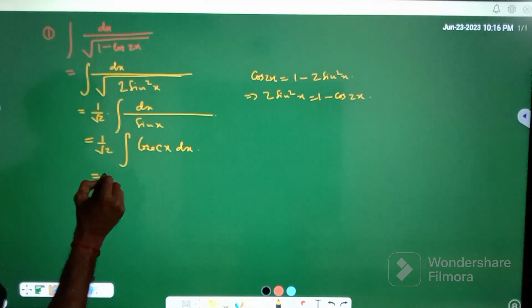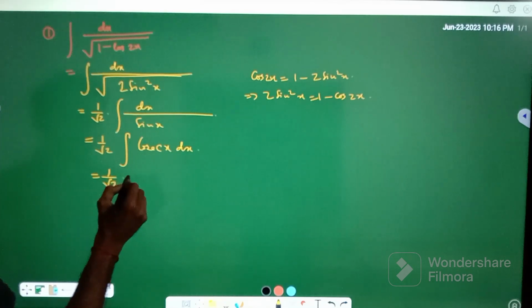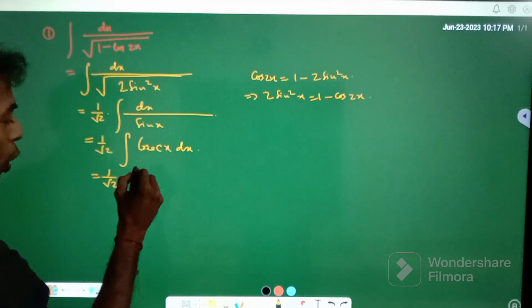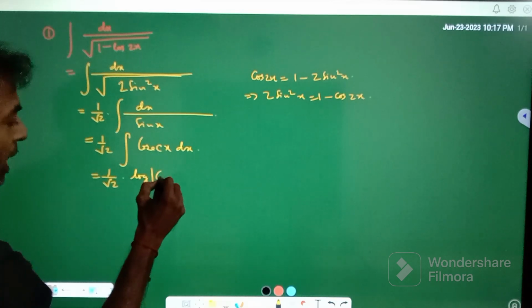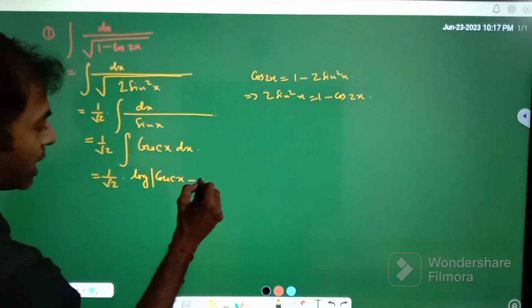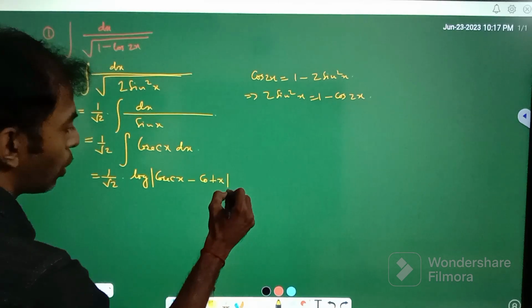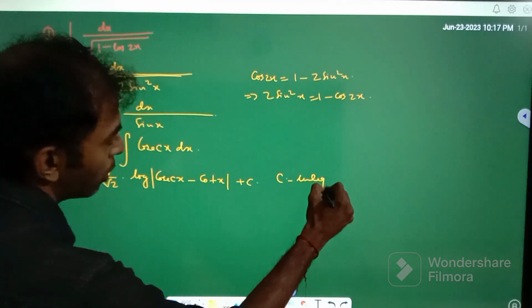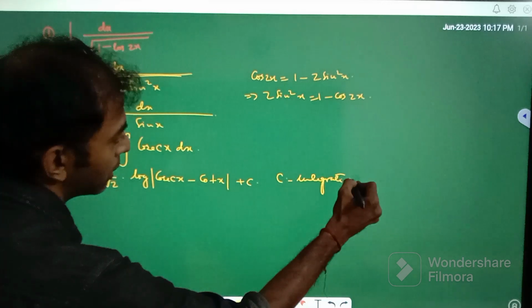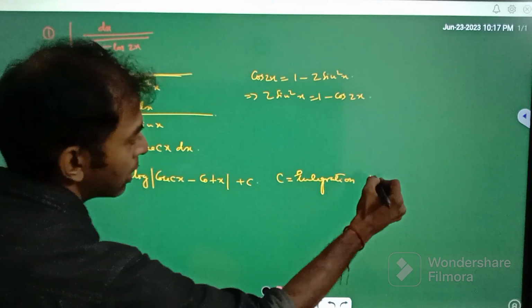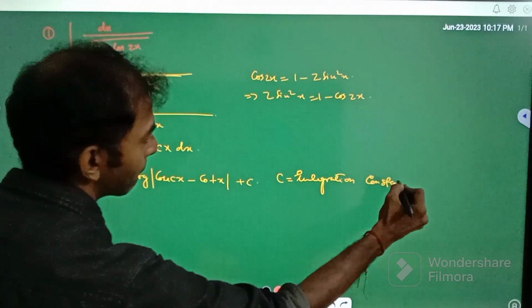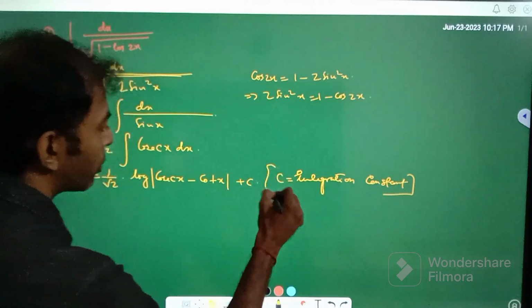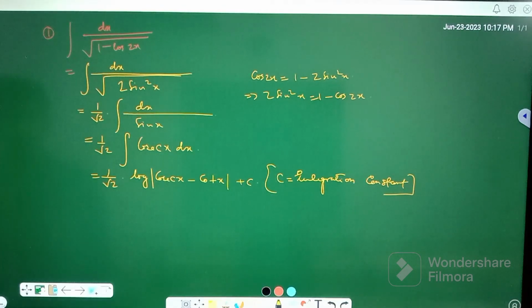And we all know that the integration formula of cosec x is log mod cosec x minus cot x plus c, where c is the integration constant. So that's our first problem.